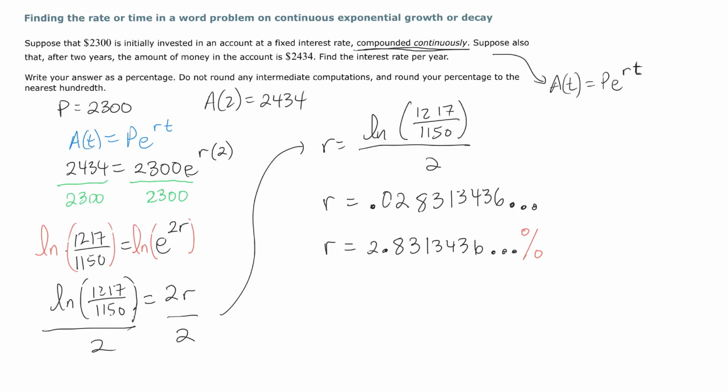Now we want to round to the nearest hundredth. So we're going to look at the thousands place of this representation right there. 1 is less than 5. So we are actually going to round this to 2.83%.